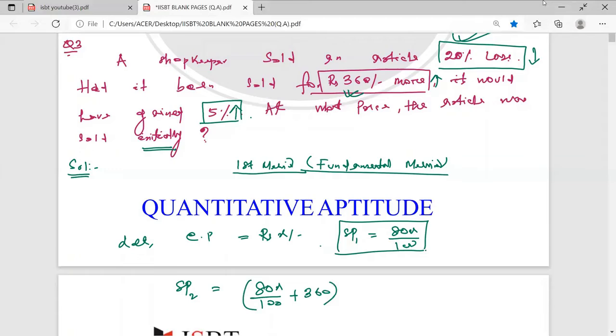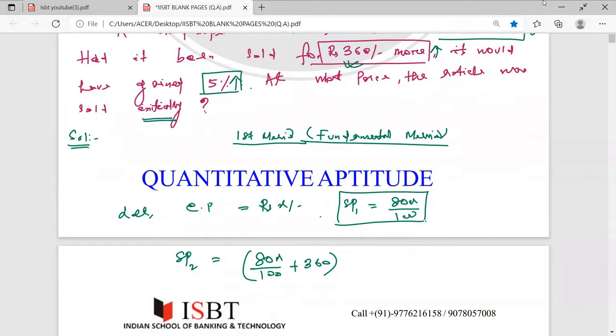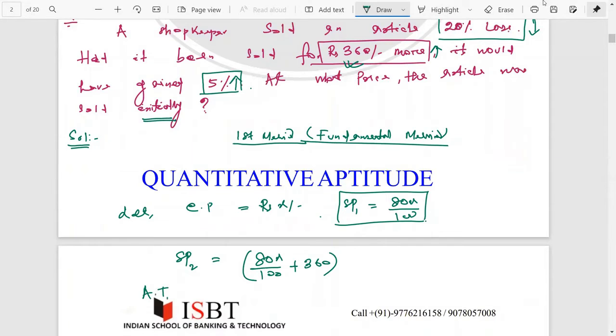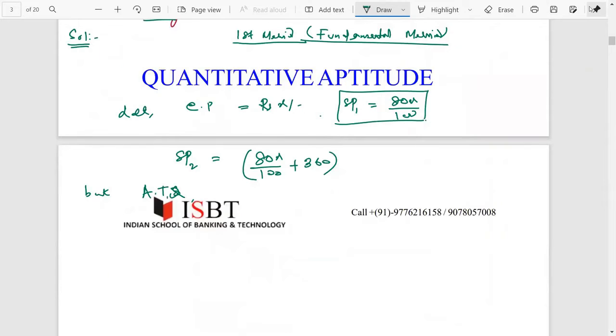But according to the question, the selling price is 5% more, that is, 5% more than the cost price.